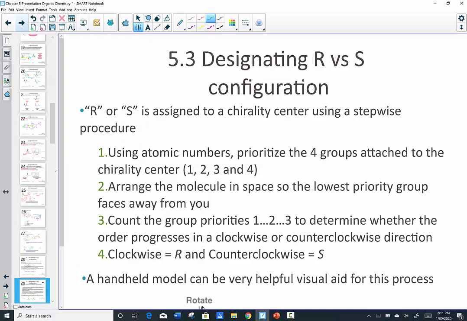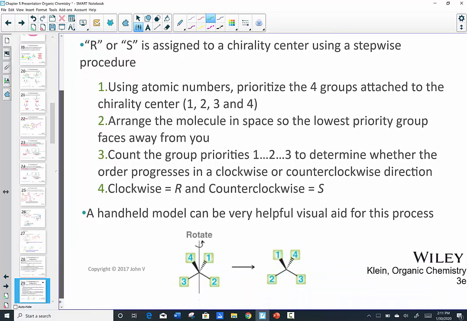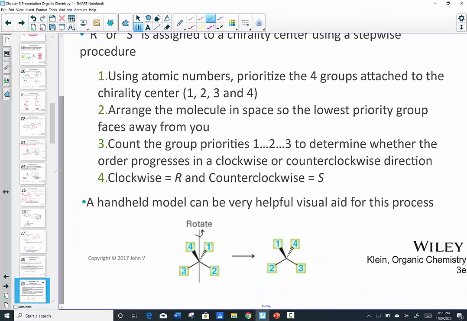So we use atomic numbers to prioritize the 4 groups and attach them to the chirality center. Now, priority number 1, the highest priority, is given to the highest atomic weight. The next priority would be the second highest atomic weight. And then priority 4 would be the least, usually a hydrogen, the lowest atomic weight.